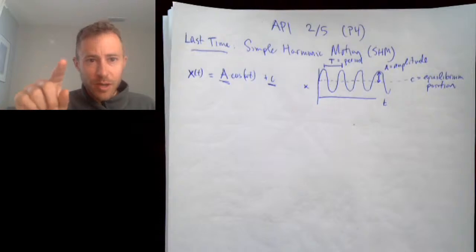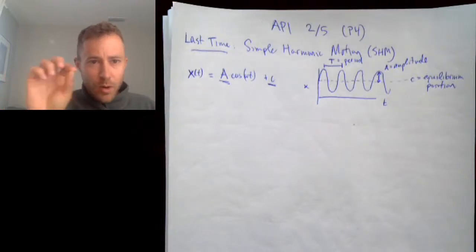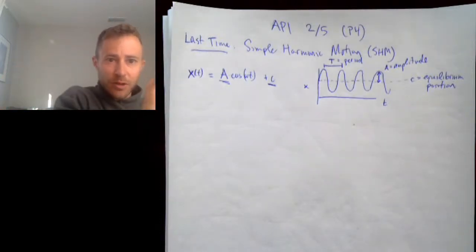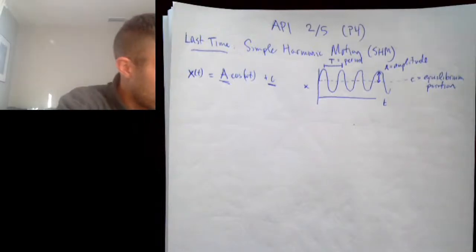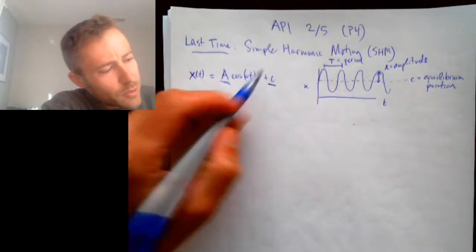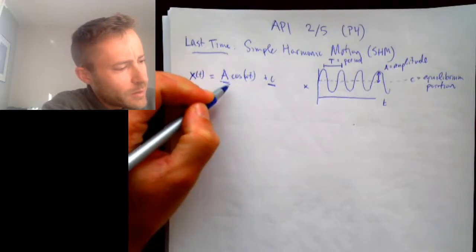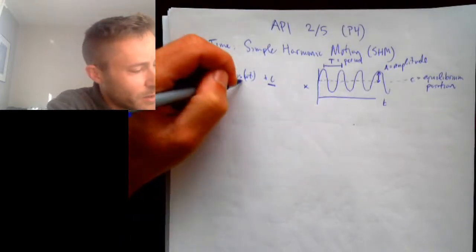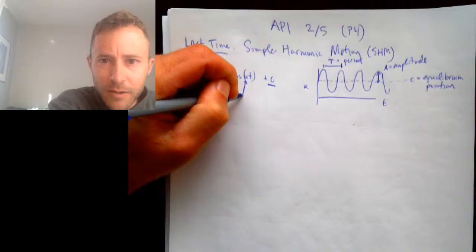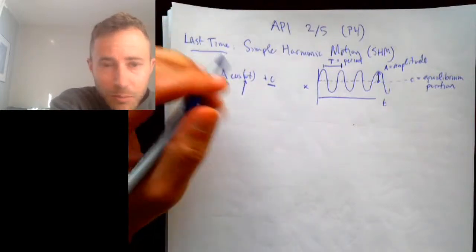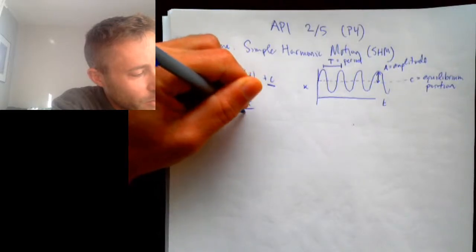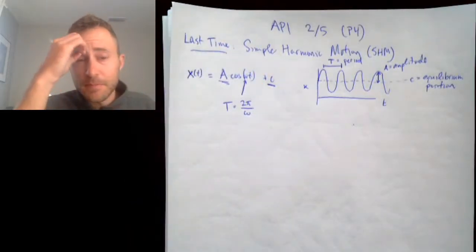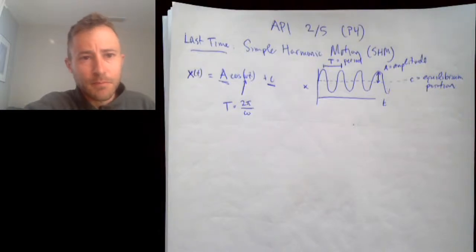Sometimes students think that one period is just from here to here, but back and forth is a full period in simple harmonic motion. So the period does not appear in this equation, but this Greek letter omega is related to the period through period is 2 pi over omega.